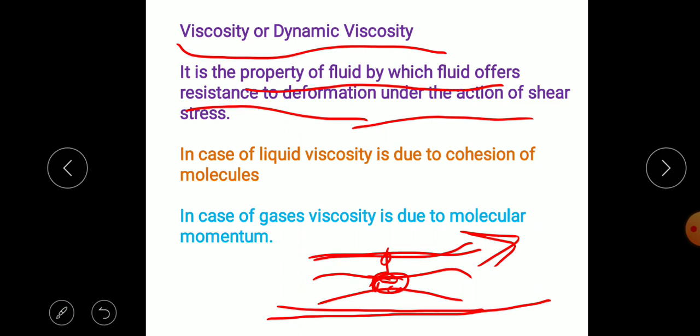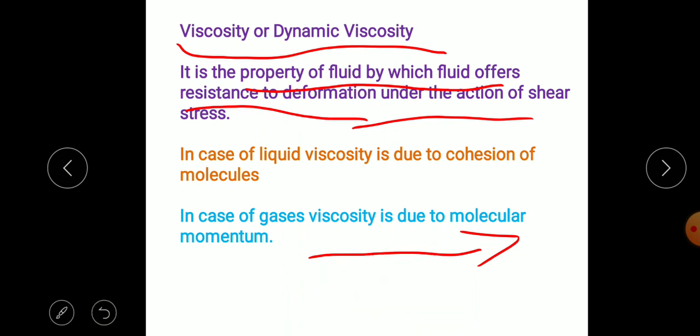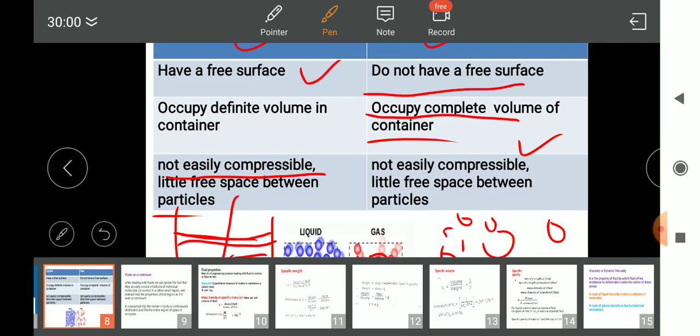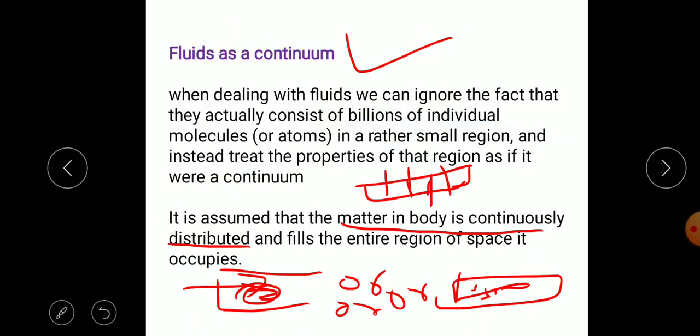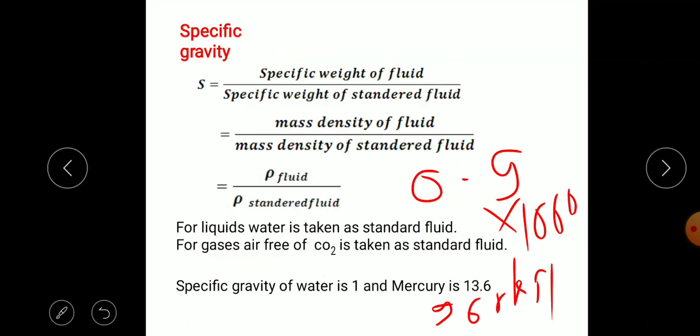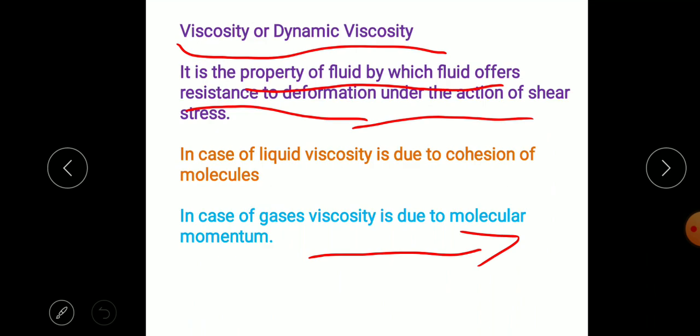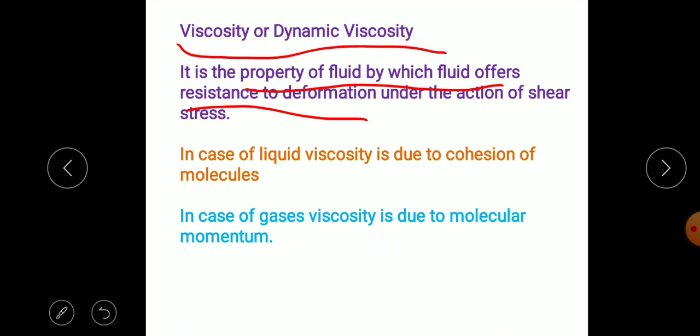In the case of gases, we consider viscosity to be because of molecular momentum. In gases, viscosity is due to the molecular momentum. The molecules are moving randomly, not in a fixed direction.